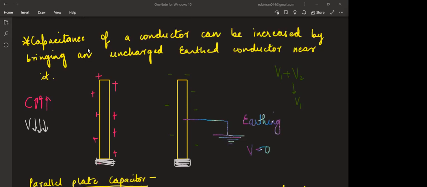See, Shaviz, if potential is more, it will be harder for the charge to bring in the conductor. More than this concept, no. If you go by this concept, see, when we are saying C directly proportional to Q, that is just mathematically. The formula is C is equal to Q by V, right?